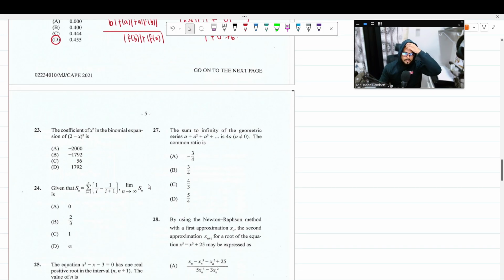The coefficient of x squared in the binomial expansion. In this case, because of the nature of this binomial, the coefficient of x squared will correspond to r being equal to 2, because that's the only time you're going to get the x squared in the mix.